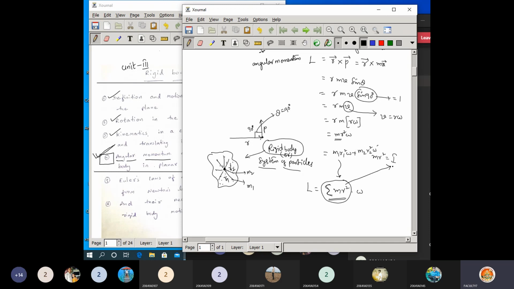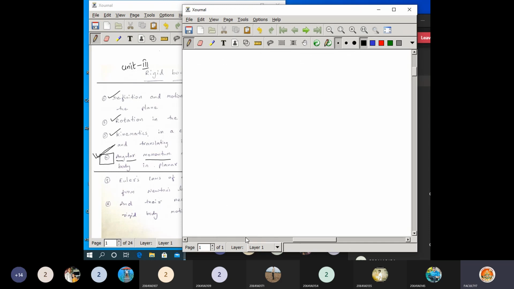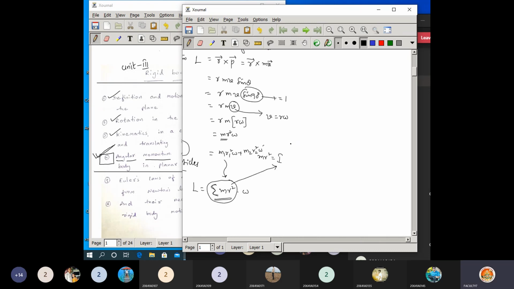So what is I here? I is nothing but the moment of inertia. Okay, what is I here? I equals the summation of m r square. Now what can we write about I? I is nothing but the moment of inertia of a rigid body which is rotating about a fixed point or the fixed axis.